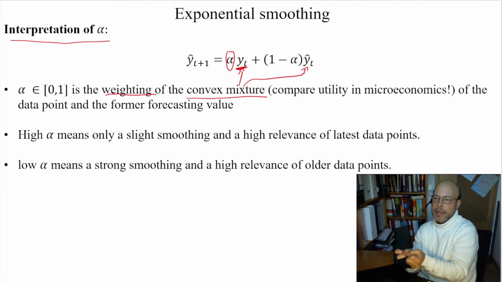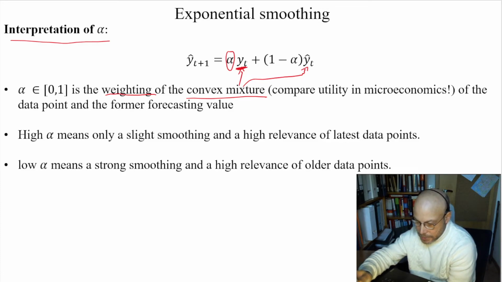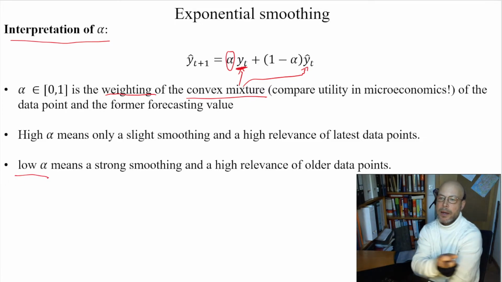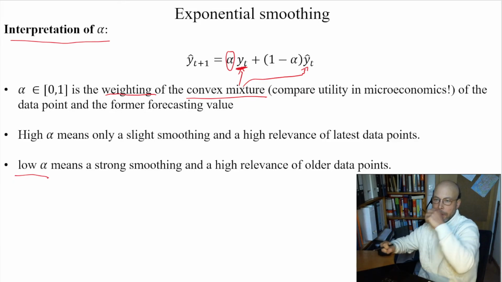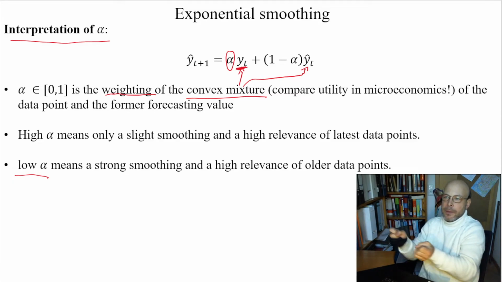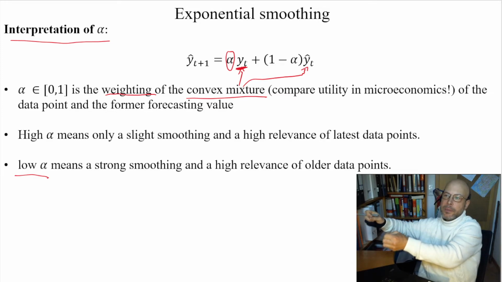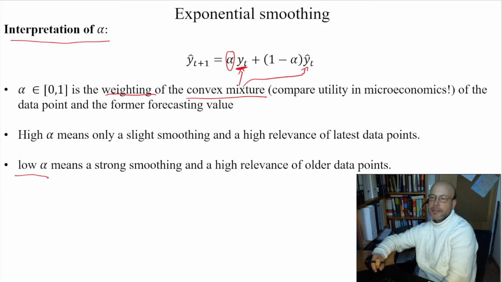The other way around, with a low alpha, we move more to the relevance of older data points, which means a stronger smoothing because we are looking more at history and not so much at the actual data.